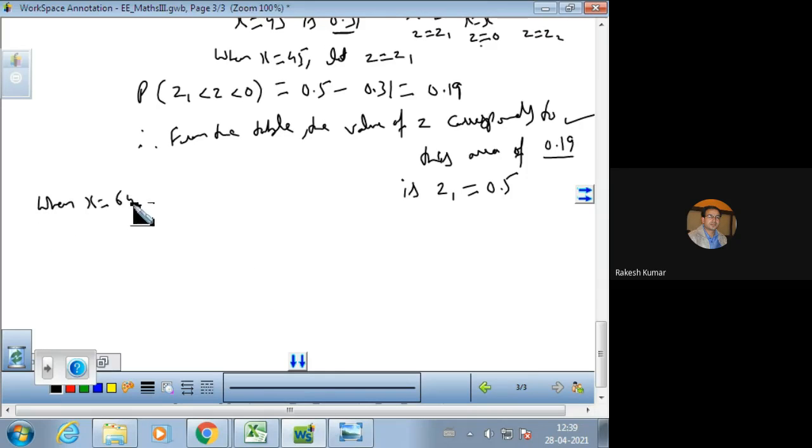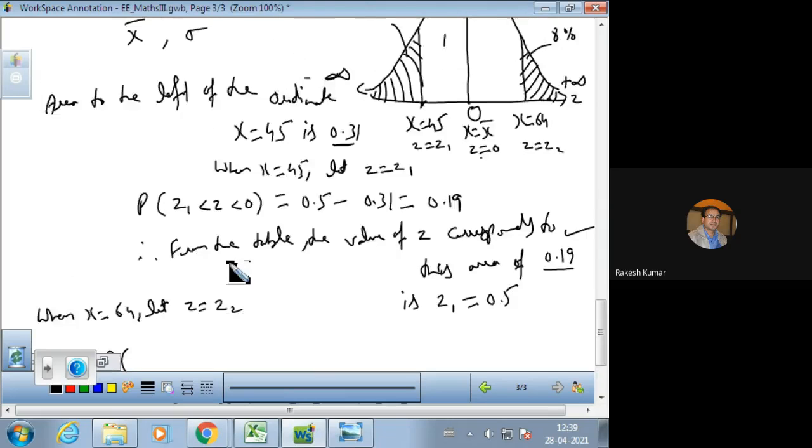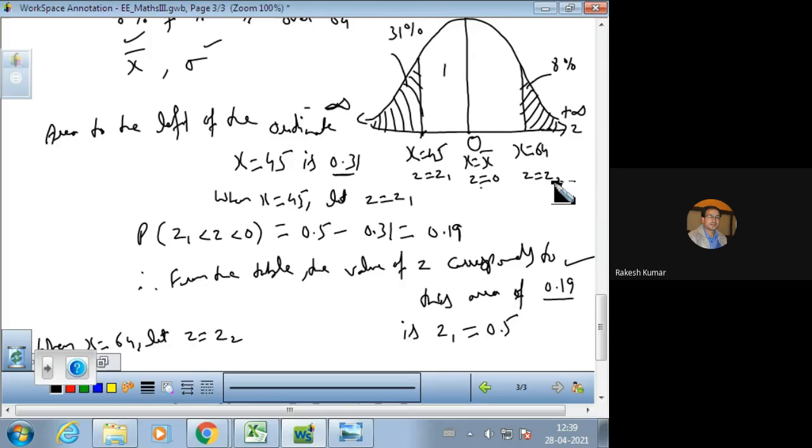When x is equal to 64, let z be z2. So probability, just see the figure. This is z2 we are taking. So 0 to 64 or 0 to z2.